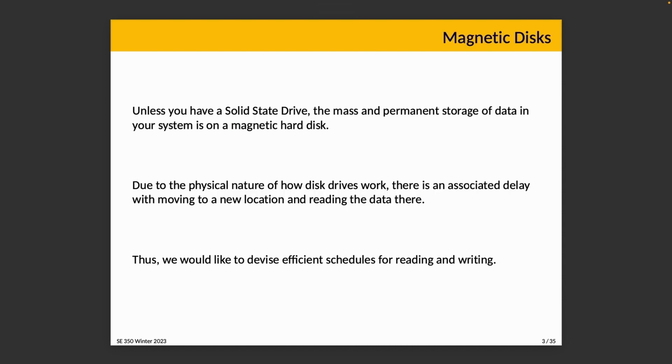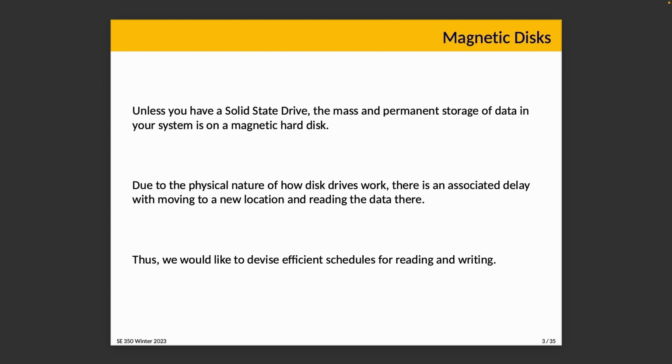So, unless you have a solid state drive, which I'm certain that you do in your computer, the mass and permanent storage of data is on a magnetic hard drive. Back before those were common, you would frequently have this, even in your laptop, a magnetic hard drive, and even then, maybe one that isn't even that fast, all considered.